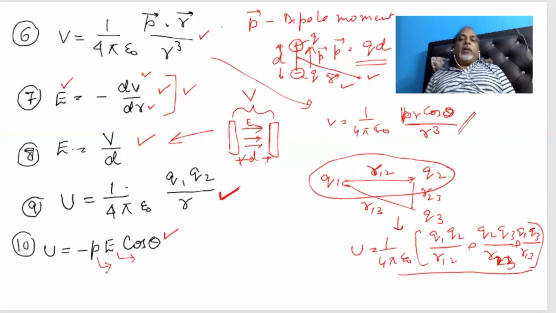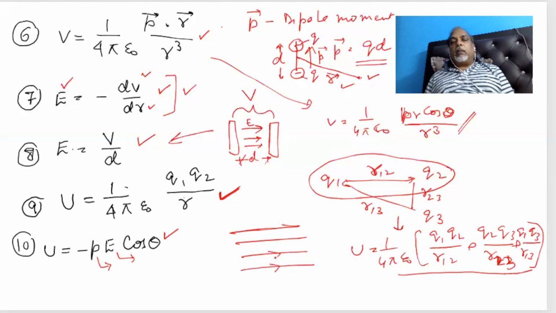This is your uniform electric field, and this is, suppose, your dipole, making an angle theta.